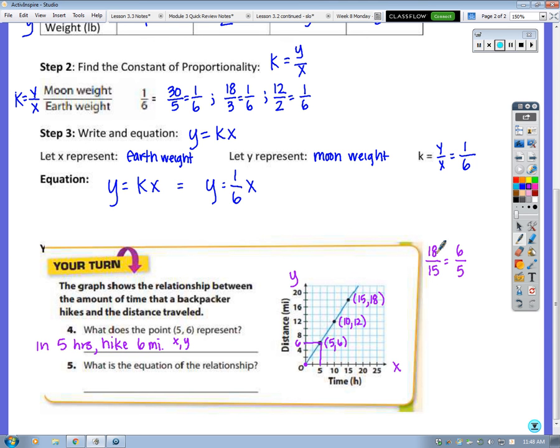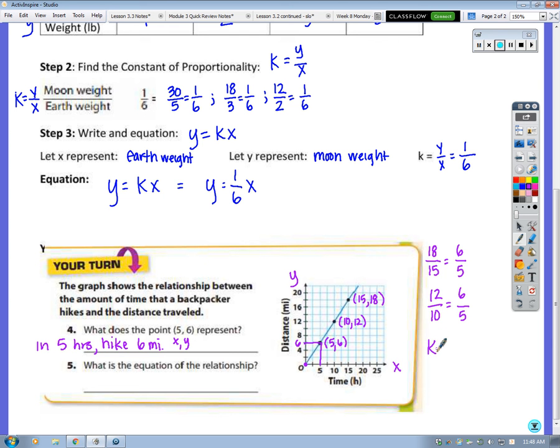So 18 over 15 is equivalent to 6 over 5. And 12 over 10, 12 miles in 10 hours, also simplifies down to 6 over 5. So this is another way that we can see that that is a constant and proportional relationship.